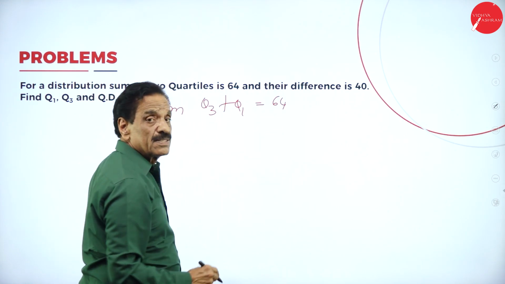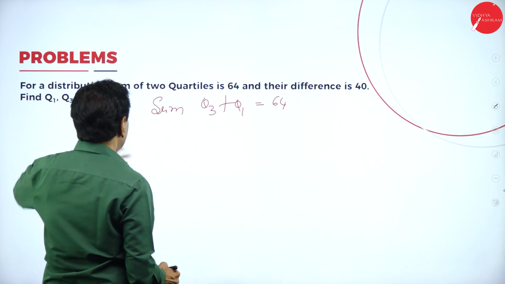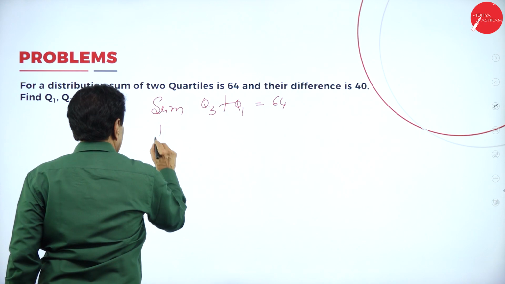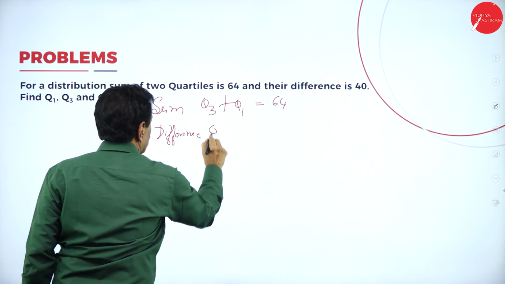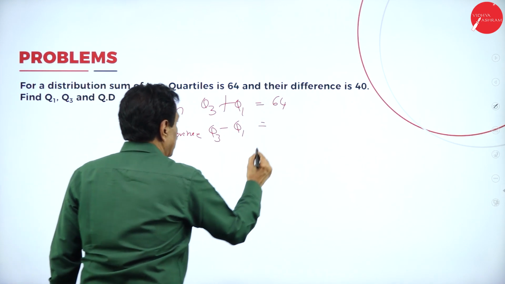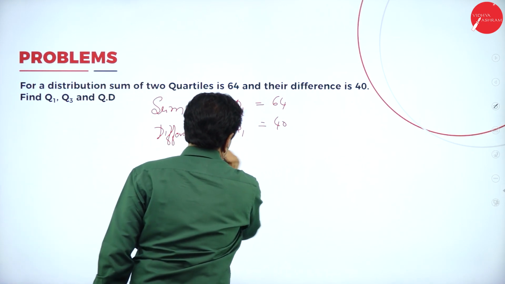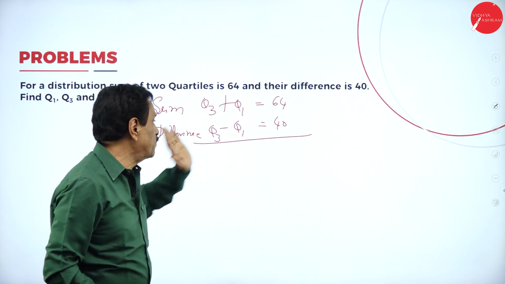He says the sum of the third quartile and first quartile is 64 and their difference, Q3 minus Q1, is equal to 40.